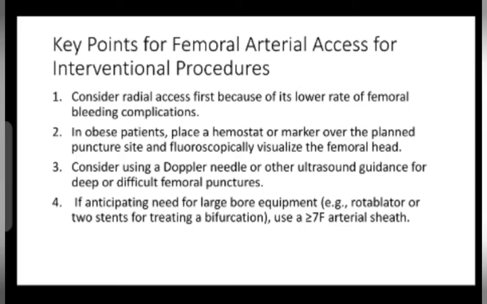Consider using a Doppler needle or other ultrasound guidance for deep or difficult femoral punctures. If anticipating need for large bore equipment, for example rotablator or two stents for treating a bifurcation, a 7 French or larger arterial sheath should be used.